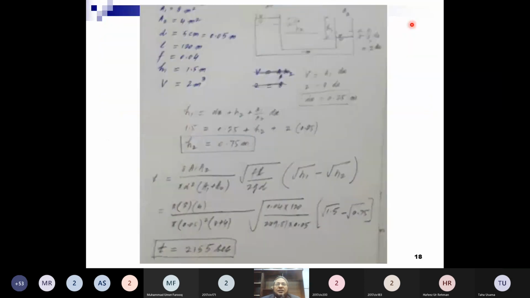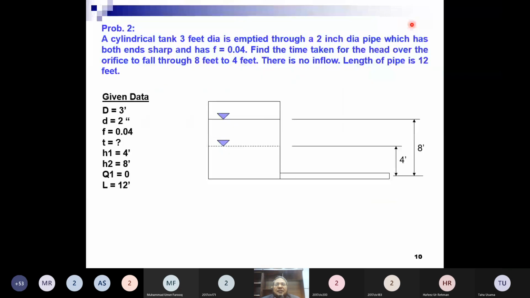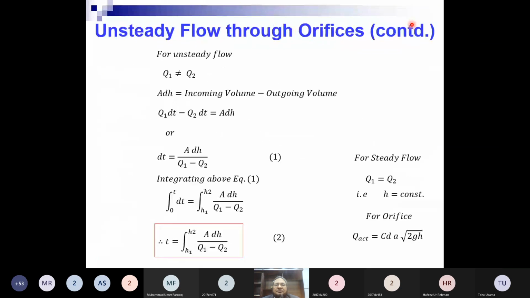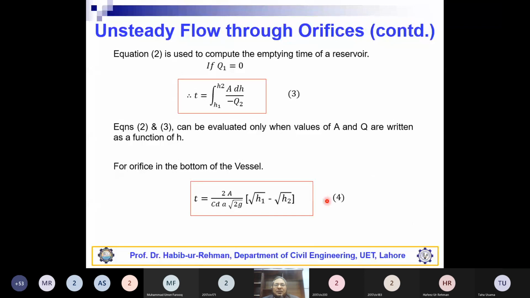Which second equation have we derived? If we have the same reservoir and we want it without integration, the emptying time is 2a over CdA root of 2g times root h1 minus root h2. And here h1 and h2 are the heads over the orifices.